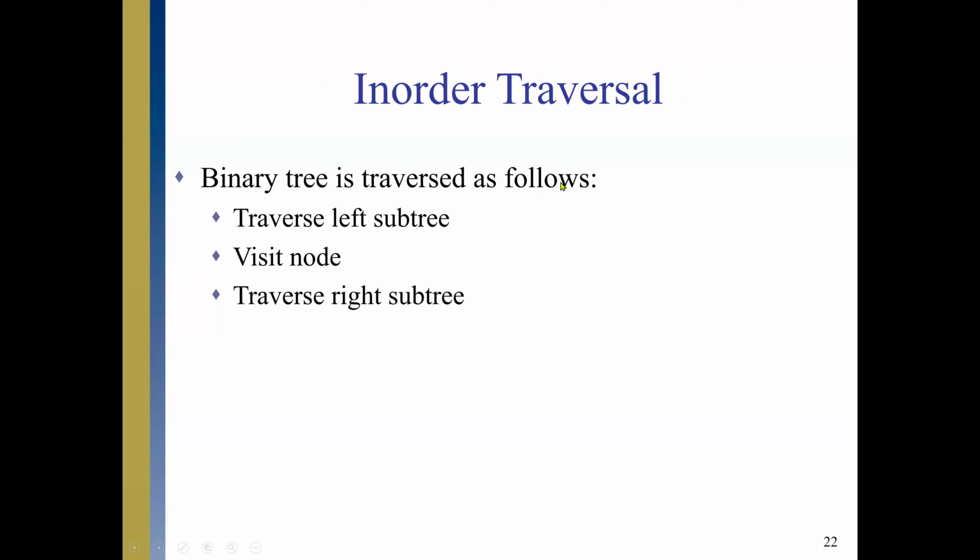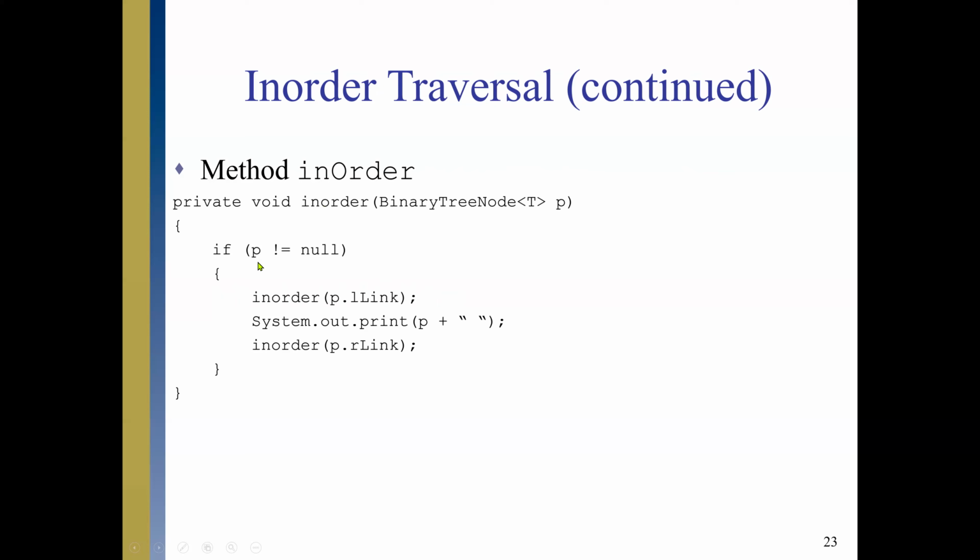So this is the code for in order. Again, the method name is in order. Here we say that if the P, the special pointer that points to the root node, is not equal to null, that means we have some node in our tree. The tree is not empty.